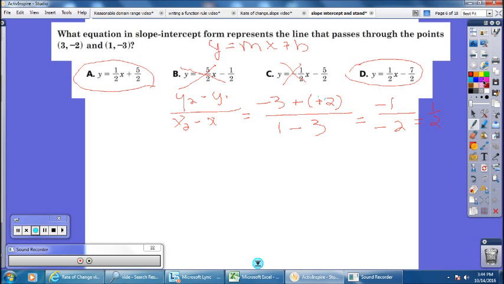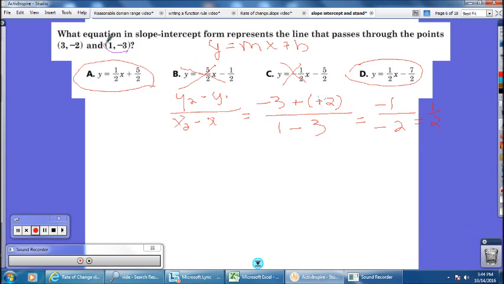So now let's go to step 2, right? Pick a point. I'm going to use this one. It doesn't matter, right? Step 3, plug it in. So y is negative 3 is equal to my slope, 1/2, times x, which is 1, plus b. I need to solve for b.